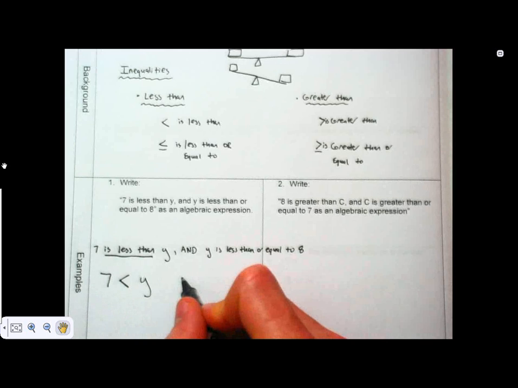Then I have the word "and" in the middle. And then over here, I've got y is less than or equal to 8. Well, "is less than or equal to" is another key word, which means this symbol. And then I've got y, and I've got 8. So this is definitely an acceptable answer.